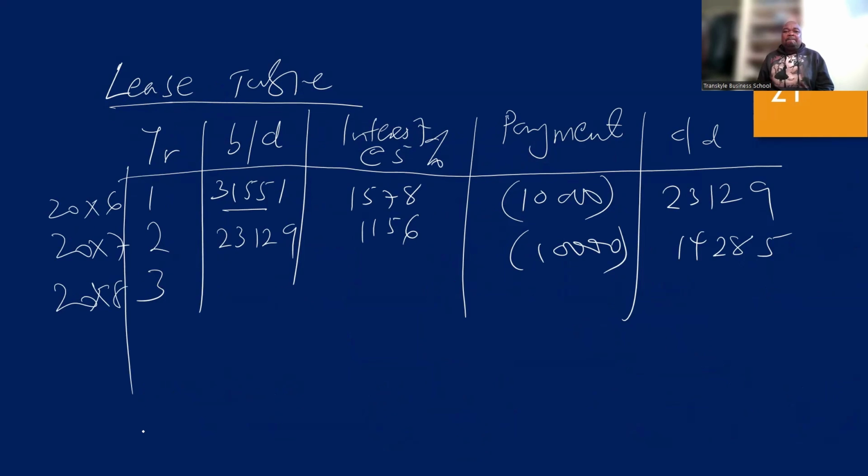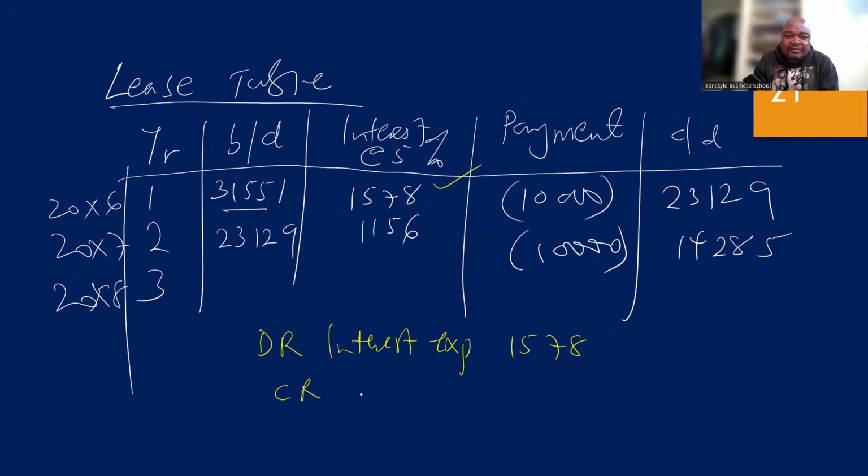Okay, now we have determined the interest. For the interest, the double entry there: we're going to debit interest expense for 20x6, that's 1,578, and credit lease liability.